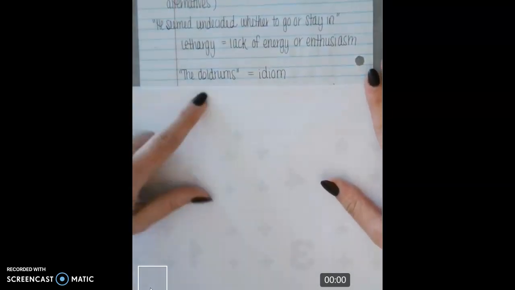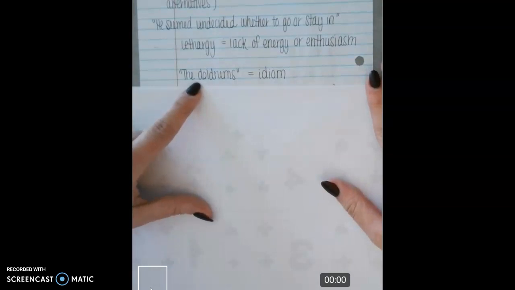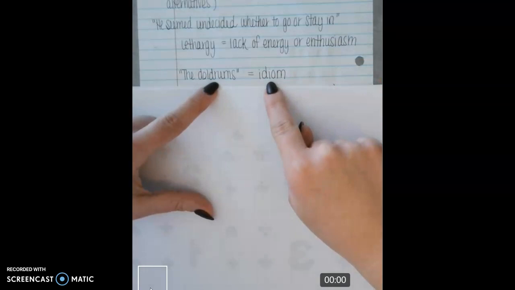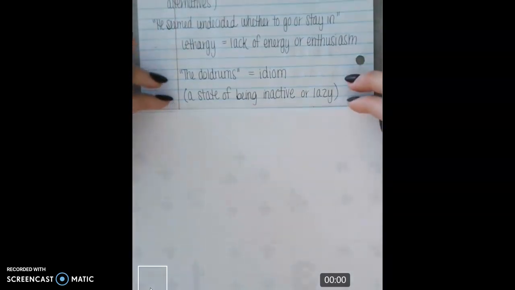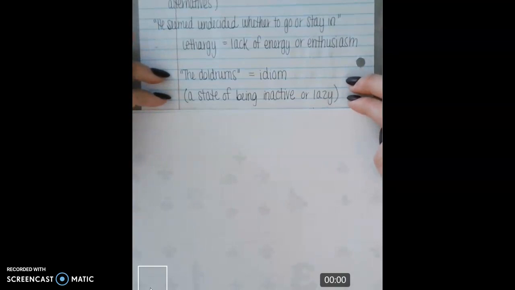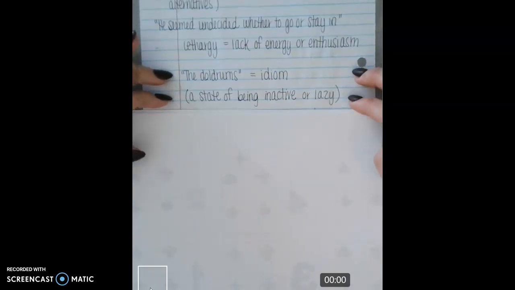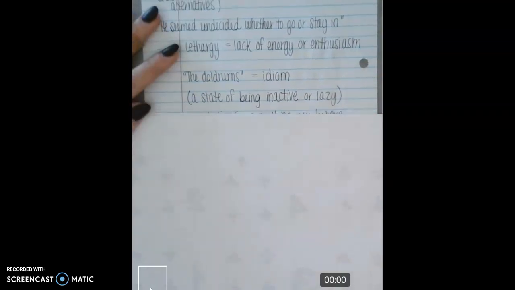Another word or phrase you need to know is, remember I told you there's a new setting, the Doldrums, and the doldrums is an idiom. When you are in the doldrums, it means a state of being inactive or even lazy. So how does this definition help you understand the setting, the Doldrums?